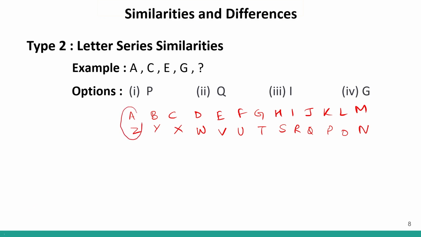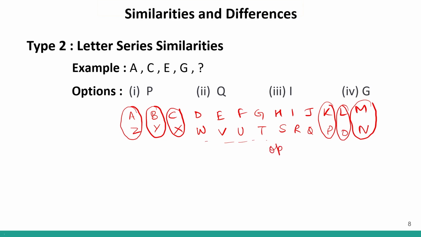That means A is opposite to Z, B is opposite to Y, C is opposite to X, and so on. K is opposite to P, L is opposite to O, and M is opposite to N. Clear?